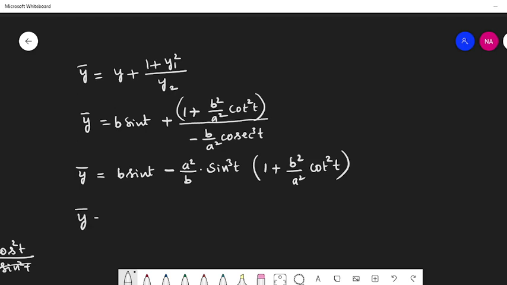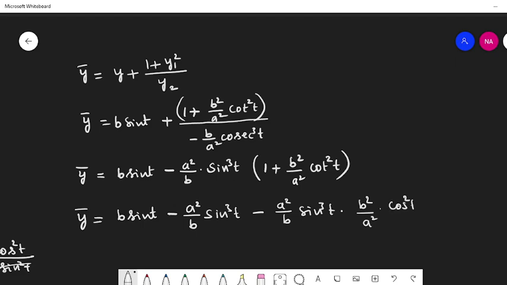Now y bar equal to b sin t minus, let us multiply these terms inside, and also write cot in terms of sin and cos. So it will be minus a square by b sin cube t into b square by a square into cot square t, that is cos square t by sin square t.